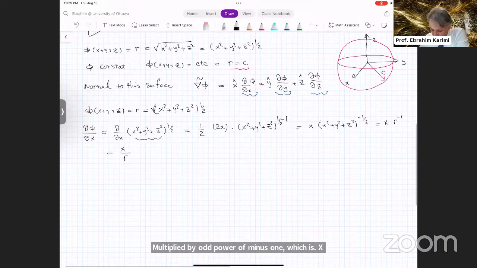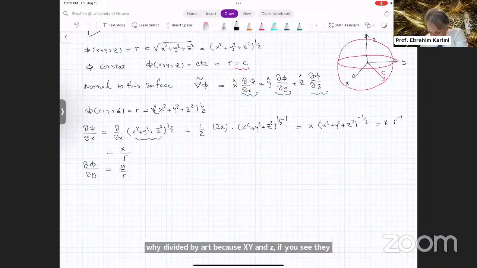In a similar fashion, you can take the derivative of phi with respect to y, which is y divided by r, because x, y, and z are all symmetric in this fashion. The derivative of phi with respect to z also is equal to z divided by r.